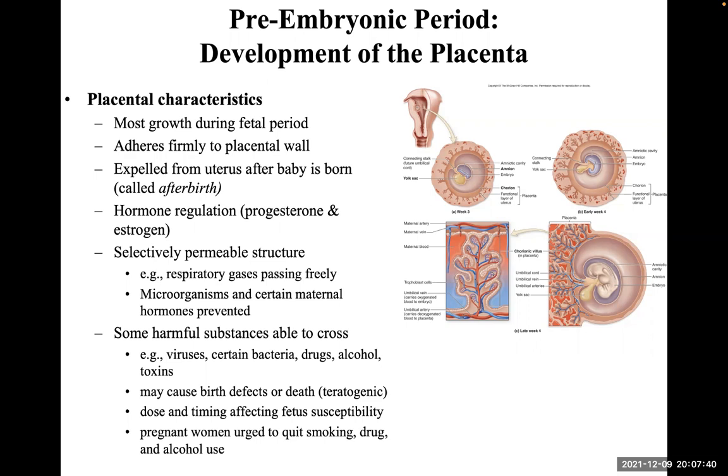But it's still permeable, right? So the implications are that certain substances, especially substances that are small and nonpolar and very tiny, such as viruses, are able to leave the maternal system and get into fetal circulation.